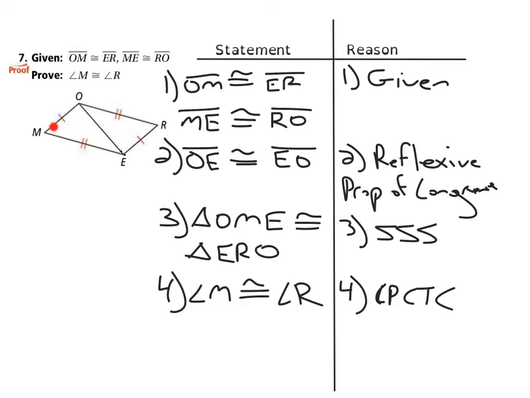Corresponding parts, meaning matching angles or corresponding sides of two congruent triangles. Once we know that they're congruent, then we know that the corresponding parts on each of those congruent triangles will also themselves, each individual part, be congruent. Just be clear that you know what that's saying there. That's it.